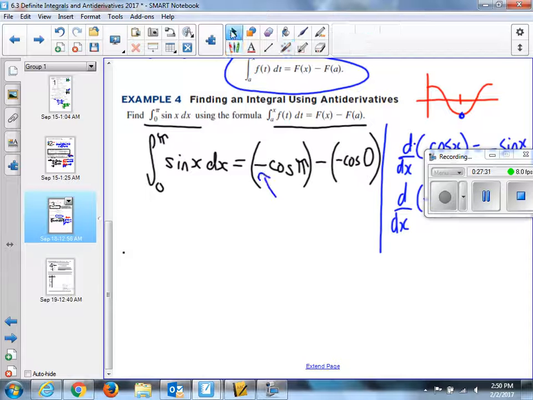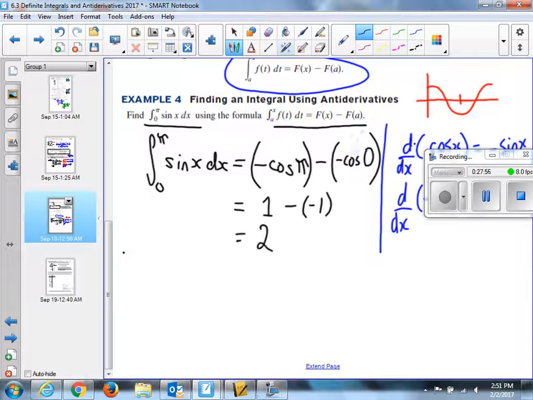So I'm going to replace that with the double negative 1, so it's 1. Subtract. The cosine of 0 is positive 1. So when I put it in here, it's actually negative 1. Double negative, minus negative 1, so it's actually adding 1. We got 2.